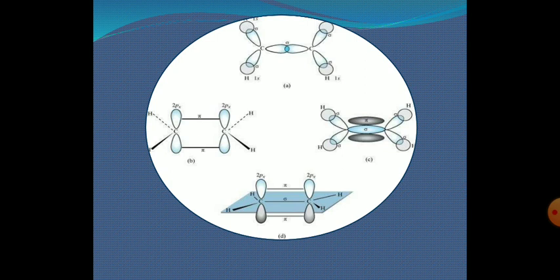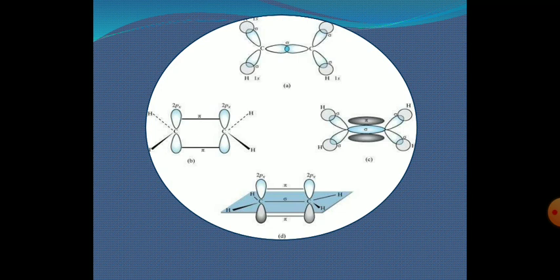Combinedly we can say that in the formation of C2H4, when two hydrogen atoms of each carbon approach together, C2H4 is formed, as we have already shown in this slide.